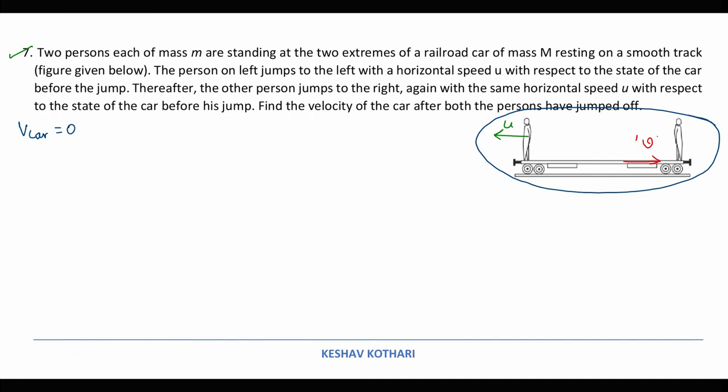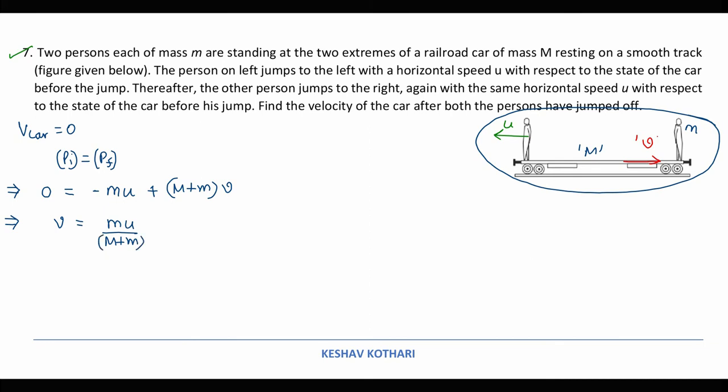If we apply momentum conservation for this particular system, I can say that initial momentum is equal to final momentum. The initial momentum of the system was 0, and the final momentum, considering the man who is jumping towards the left, is minus mu, plus the recoil velocity for the mass of the railroad car and the mass of the person standing on the right, with a speed v. From here we calculate the speed v as mu upon M plus m.